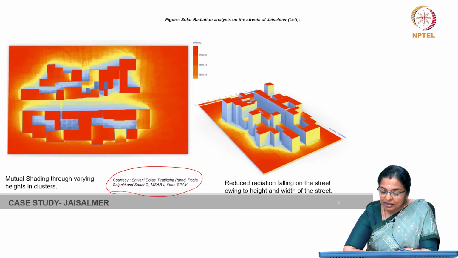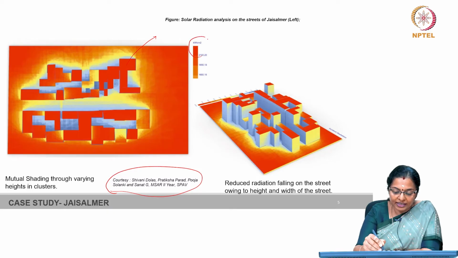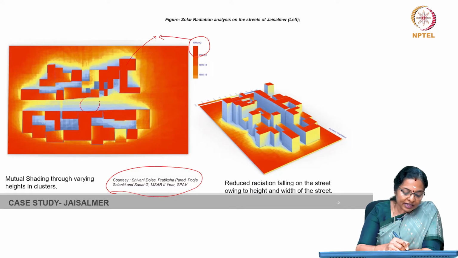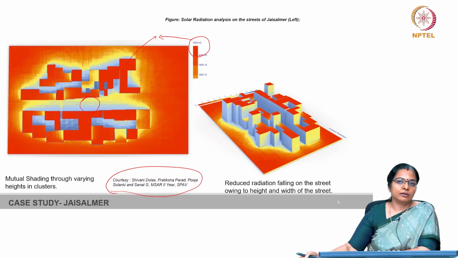As can be seen from the small analysis, the terraces are subjected to very high solar radiation, as can be seen here. But the streets remain cool, because we have already seen how the streets are mutually shaded due to the high residences, or havelis, as they call them, along the sides of the roads.